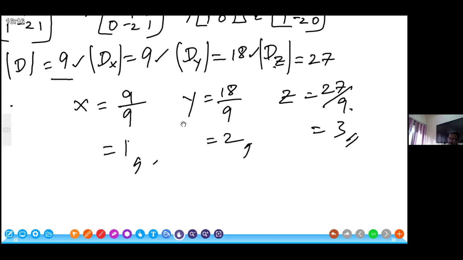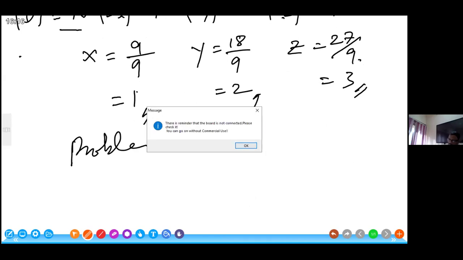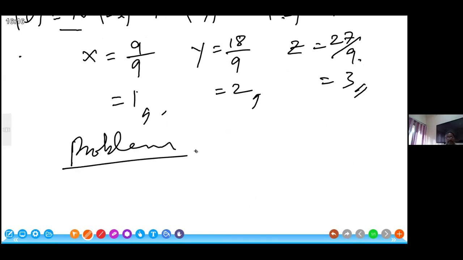So what is the problem in Cramer's rule? It can be used only for linear equations.